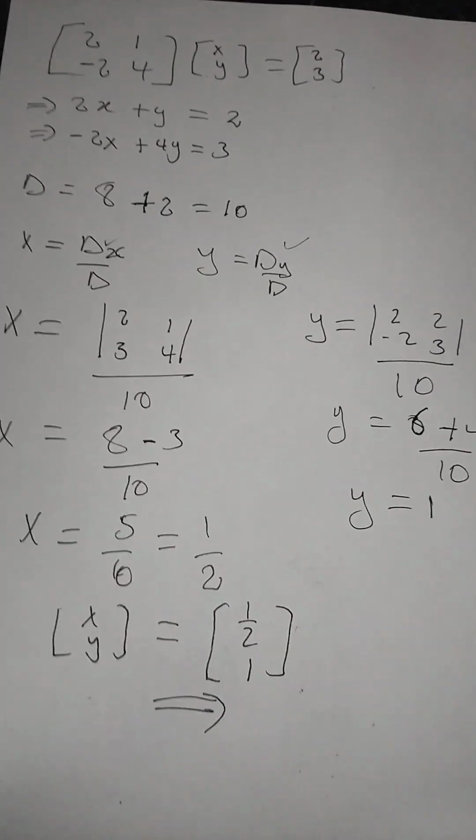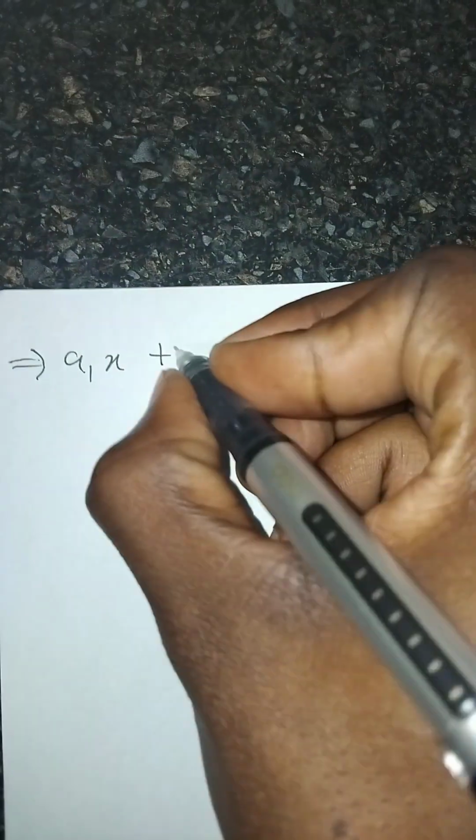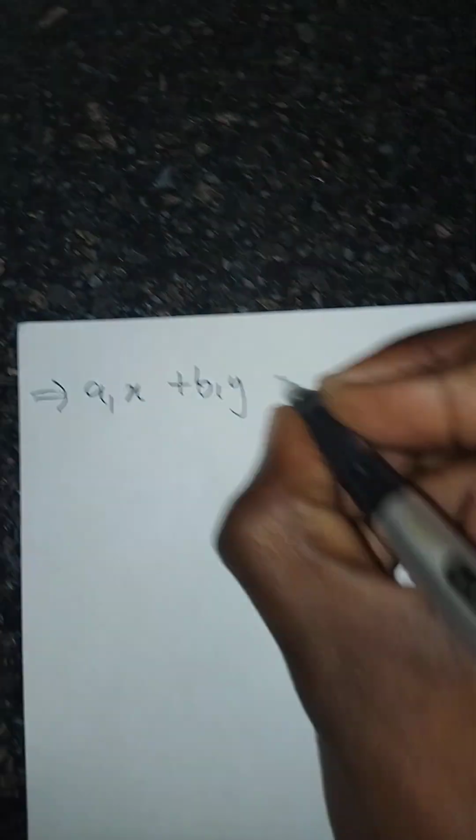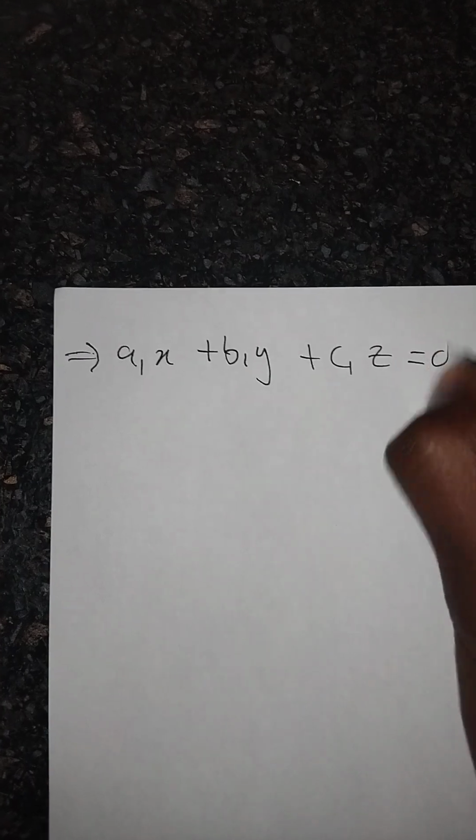So now let's look at when we have a 3 by 3. How are we going to go about it? Let's suppose for a 3 by 3, we have 3 equations. I'm going to start with the general way. So it's a1x plus b1y plus c1z, it must be equal to d1.